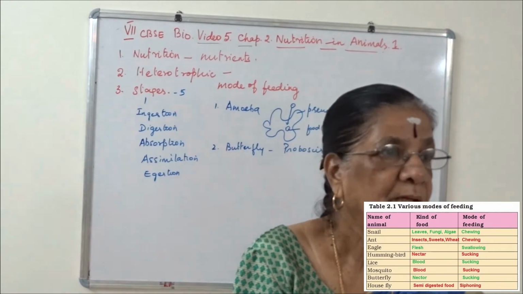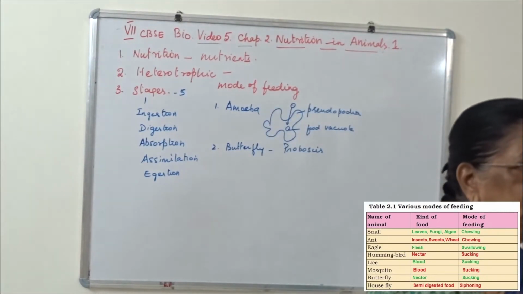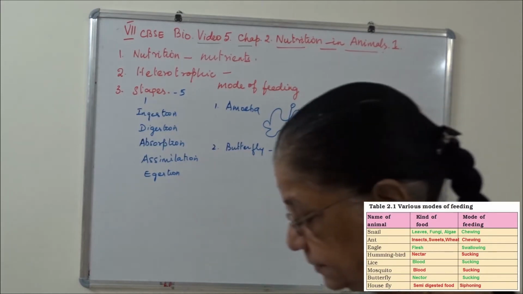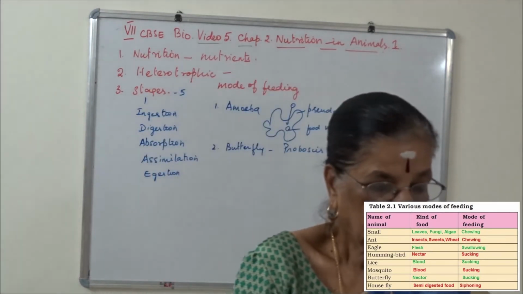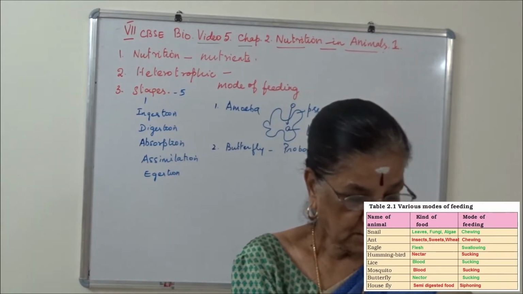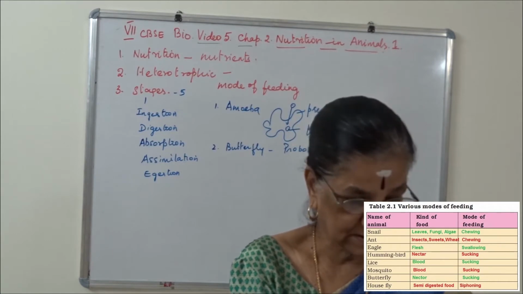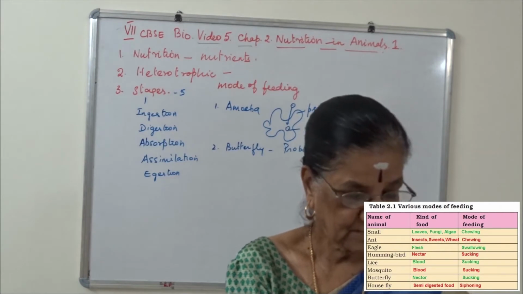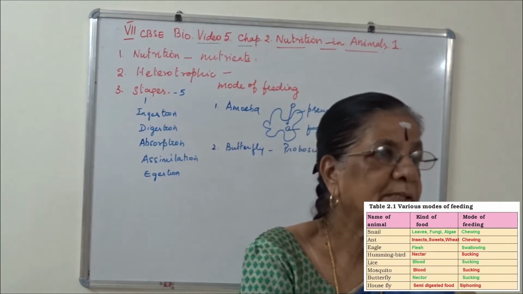Are you noting down? So this table, I repeat, please fill it up. Kind of food: lower plants, sugar, food particles, lower animals and small birds, small insects, blood, nectar and sugar.